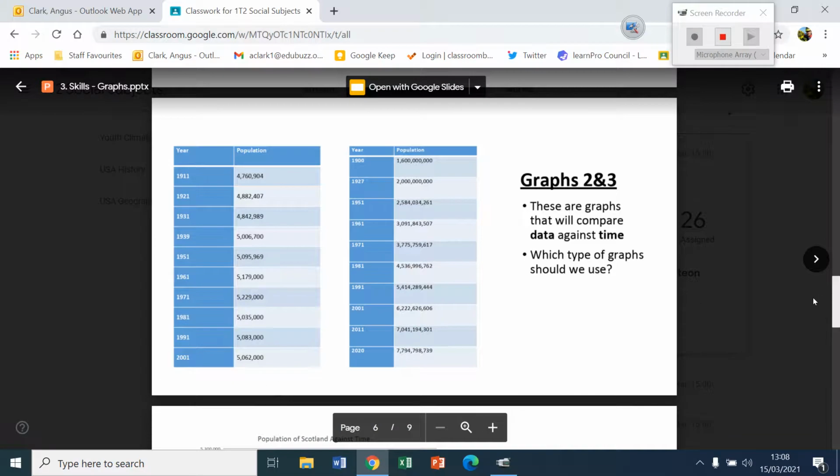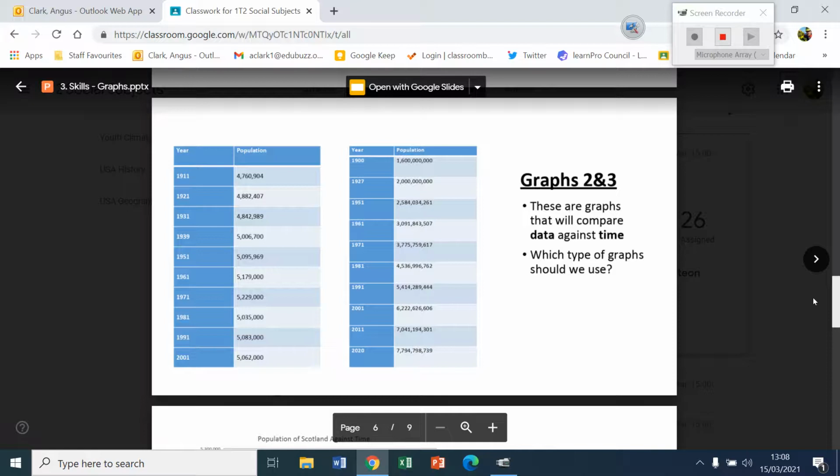Graph 2 and 3. So with these two graphs, you can compare data against time. That's what we're doing. We're comparing data against time. So we're looking at population over time and how it's changed.